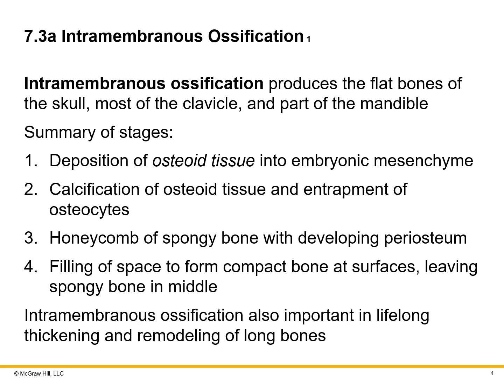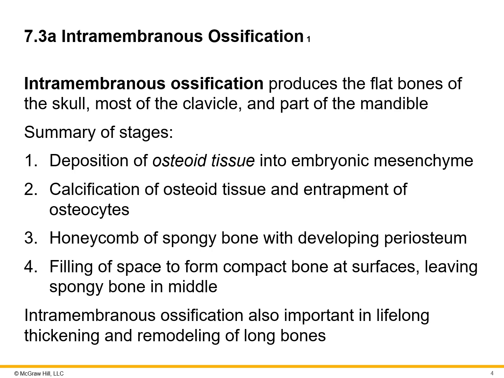We can break this process down into four main steps. The first step is going to be the deposit of osteoid or bone tissue into an embryonic mesenchyme. And then we'll have calcification of the osteoid tissue and entrapment of osteocytes where they get captured in their lacuna.